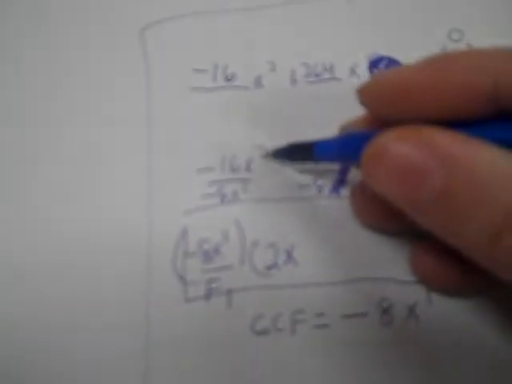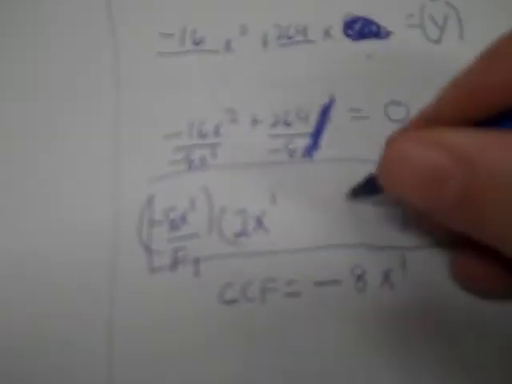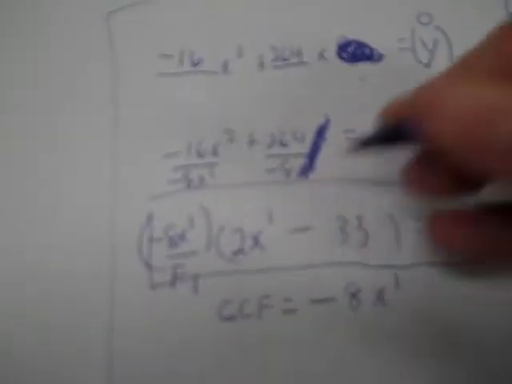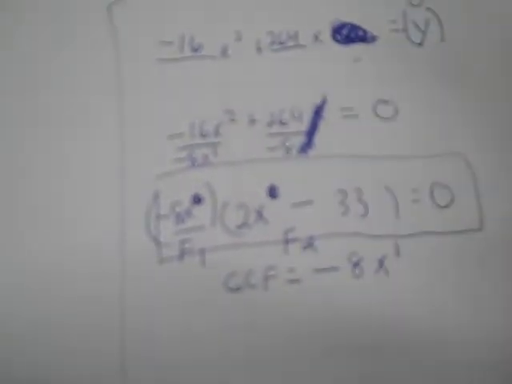Then on x, I take 2 minus 1, that's 1. Then I take 264 divided by negative 8, I got negative 33. So I put 33 with a minus. I get rid of the 1 powers, and this is the F2.